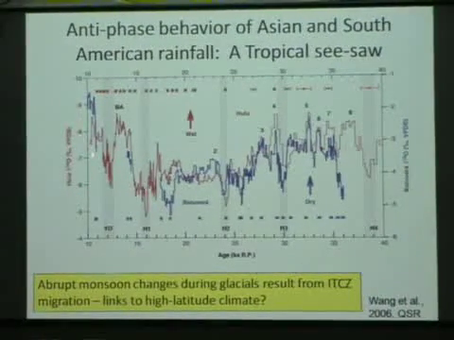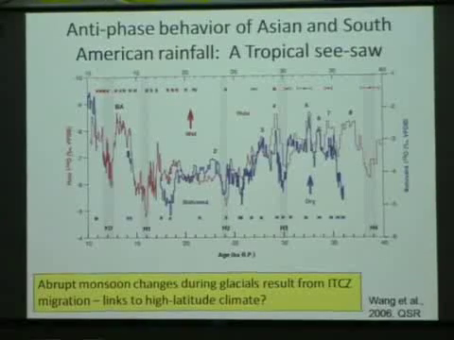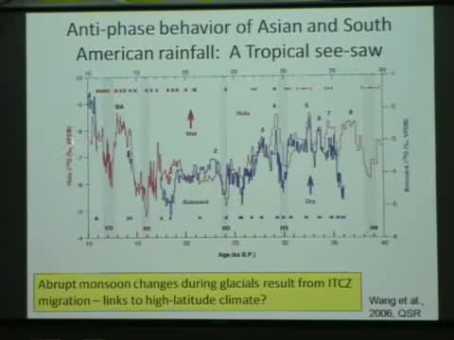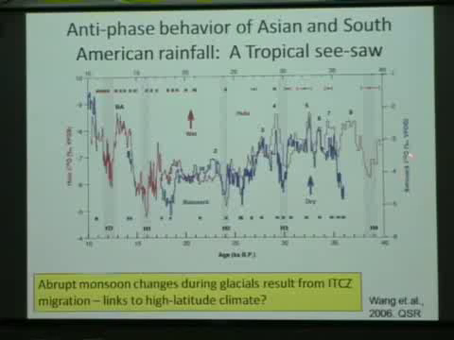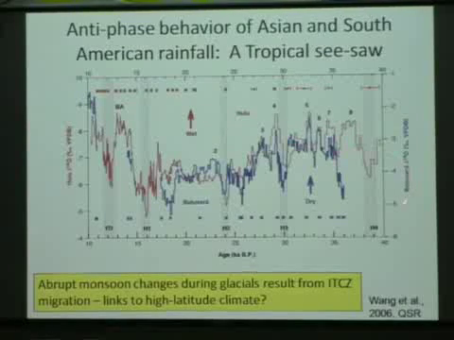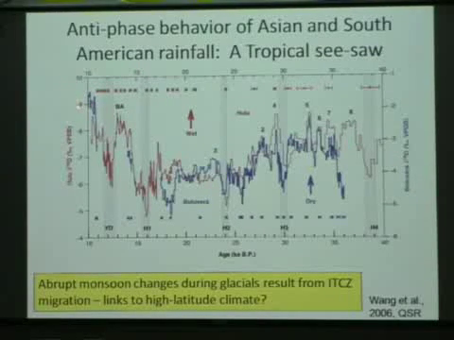This is a Heshang Cave record. Sorry, I apologize for all the wiggly lines you're about to see. There's more. This is the Heshang Cave record in red now, plotted with a record from Bodavira Cave in Brazil, actually. And what you'll notice here is that these two axes are opposite from one another.